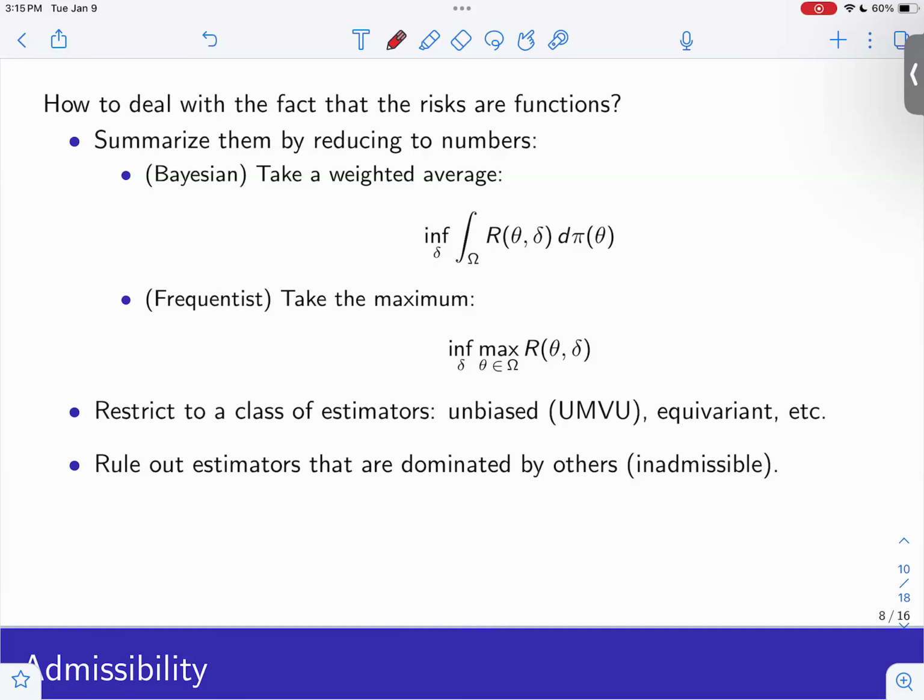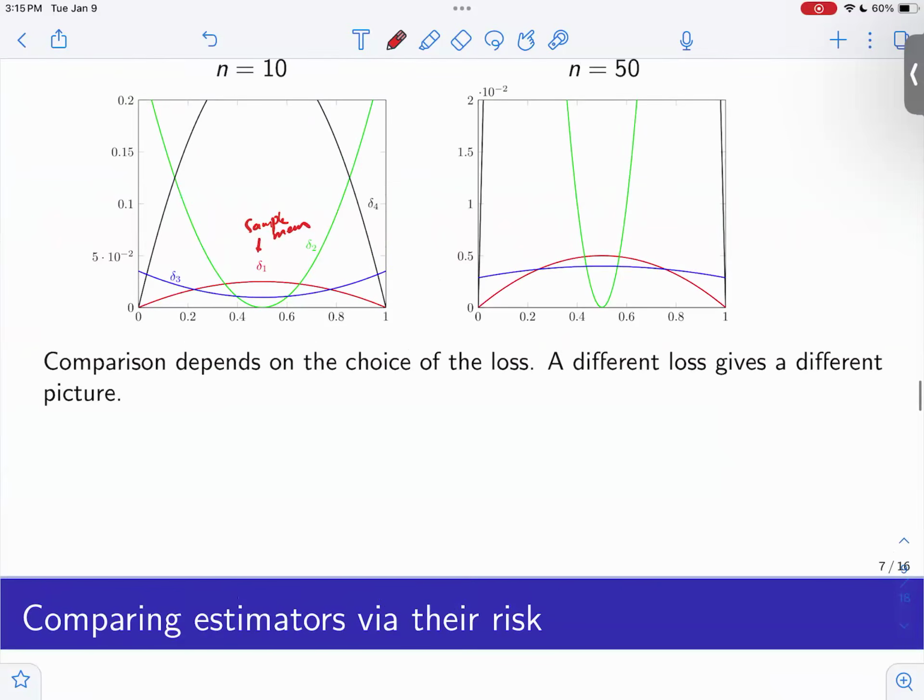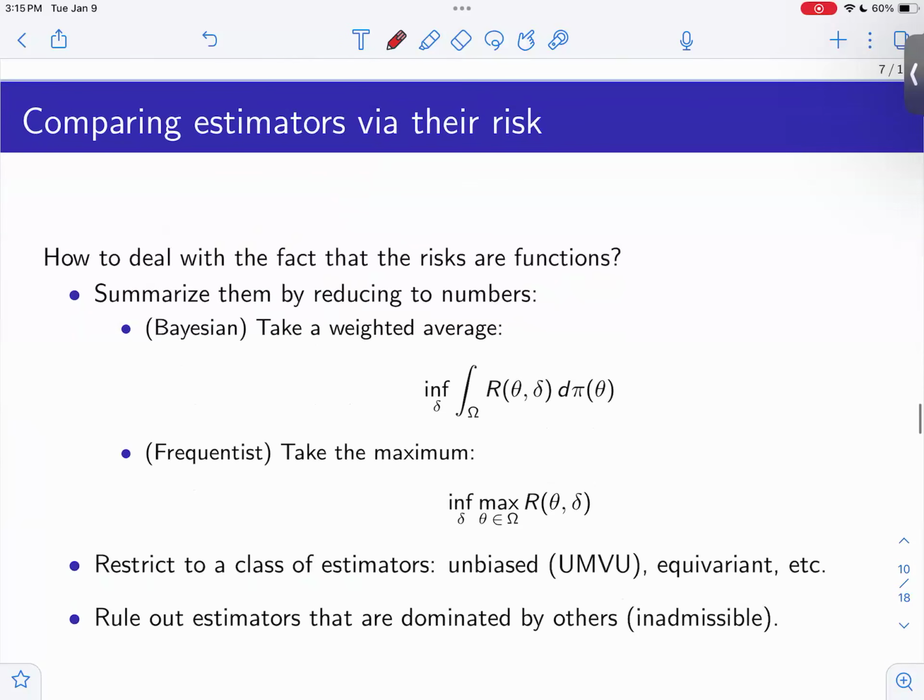That's the criterion that's very favored among frequentists. They look at the maximum risk, and the maximum risk of this sample mean is worse than this one. So the criterion is called minimax: the estimator that minimizes the maximum risk. In the minimax sense, the blue is better. And then you try to find the one that minimizes this minimax risk.